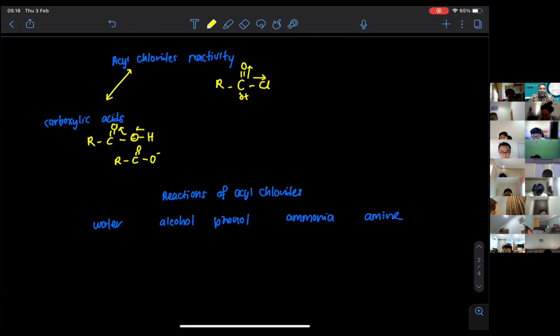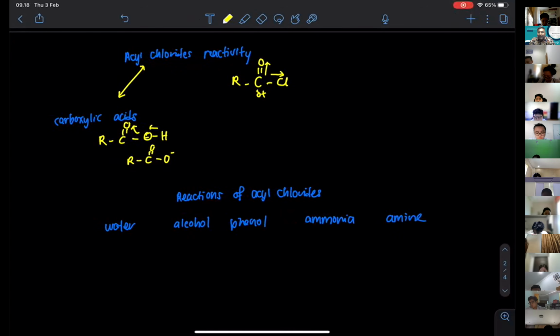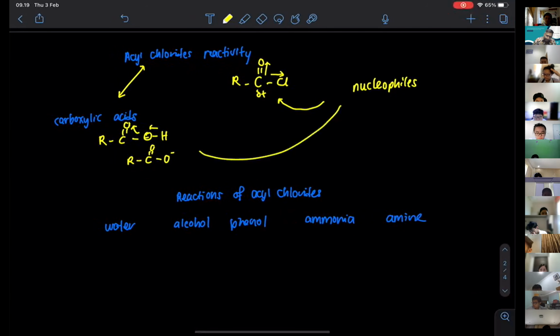But for the reactions, the reactions are all involving attack of nucleophile. They are not going to involve attack of electrophile. Therefore, they like the reaction because you have nucleophiles. The nucleophiles have tendency to attack the delta plus, so they don't go and attack this one.